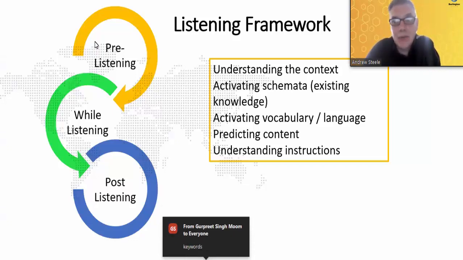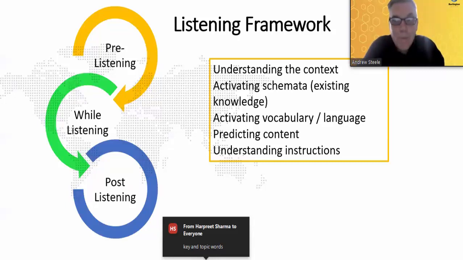We need to get them to really try and find out as much about what they're about to listen to as they possibly can. Got a technical term here for you next, activating schemata, which basically is about getting students to think about their existing knowledge.